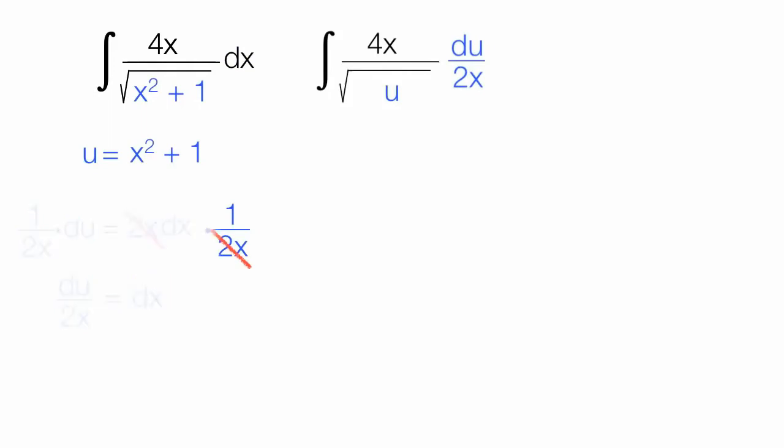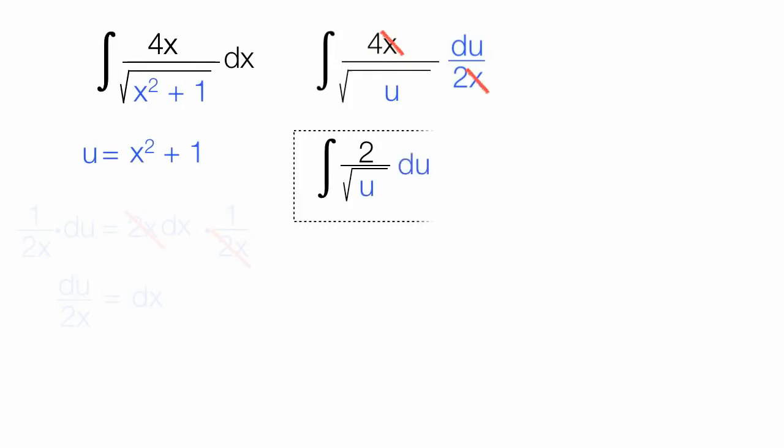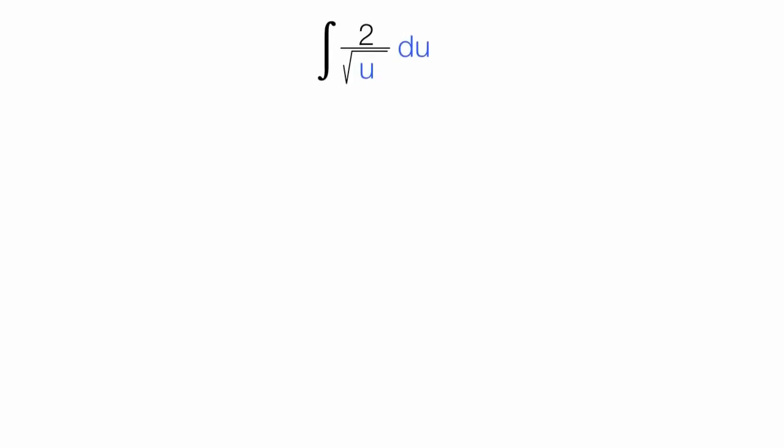Now, if you notice this 2x and this 4x, the x's cancel out. And I'm left with 2 divided by the square root of u du. This looks like something I can actually integrate now. I'm going to move this up and give myself a little bit more space. I'm going to factor out the 2.